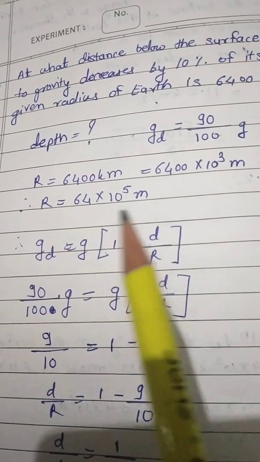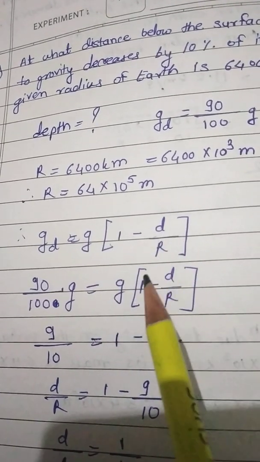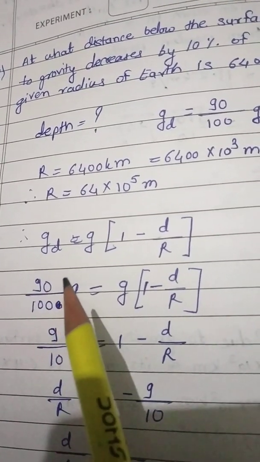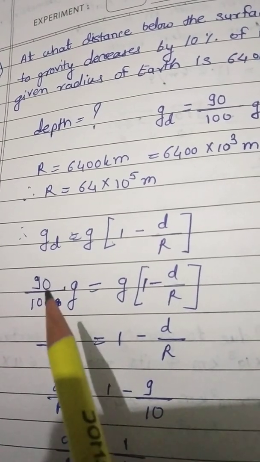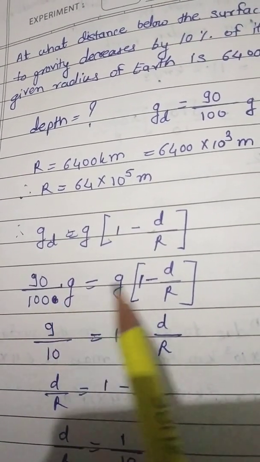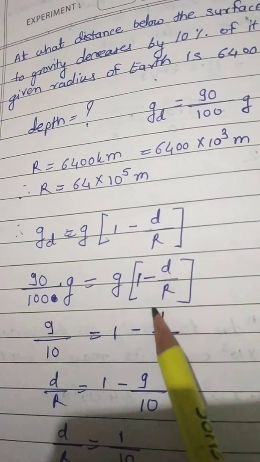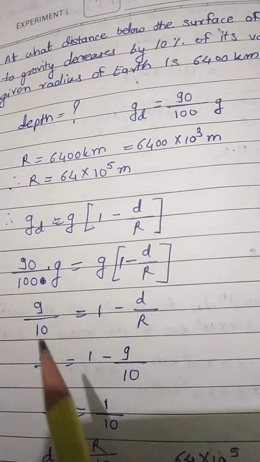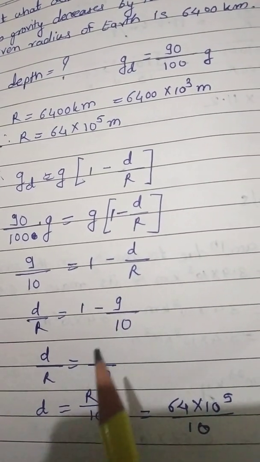Again using the equation gd is equal to g times bracket 1 minus d upon R. So gd, which is 90 upon 100 into g, is equal to g into 1 minus d upon R. The zeros cancel out, so we get 9 upon 10 on the left, and g cancels out on both sides, leaving 1 minus d upon R. Rearranging for d upon R, it is equal to 1 minus 9 upon 10, which is 1 by 10.